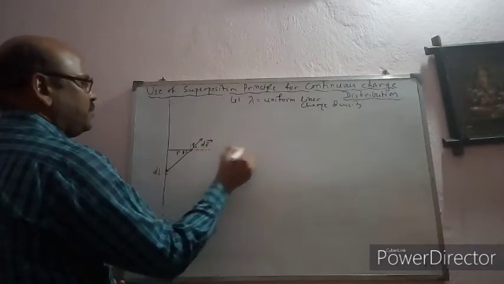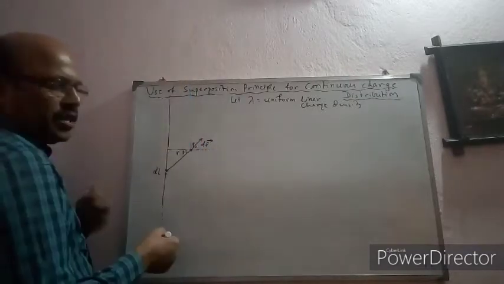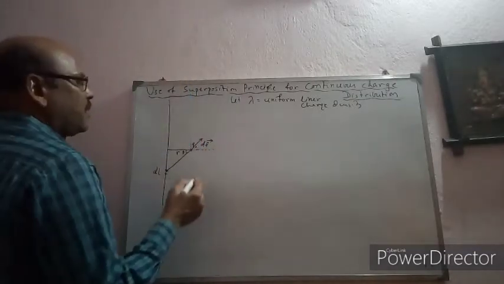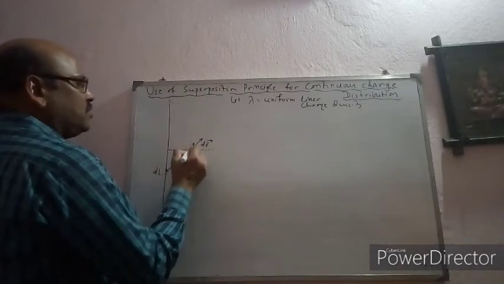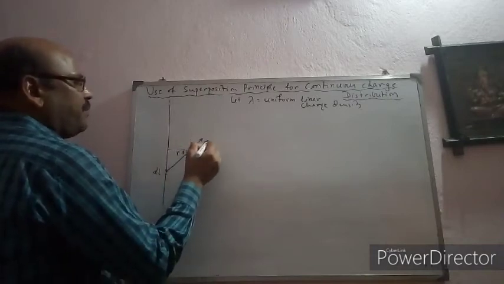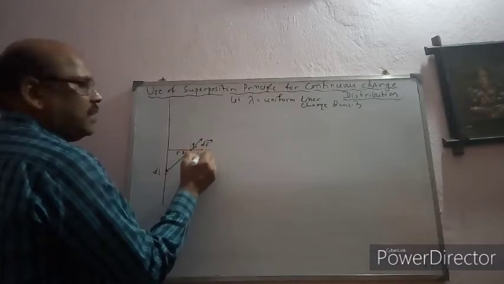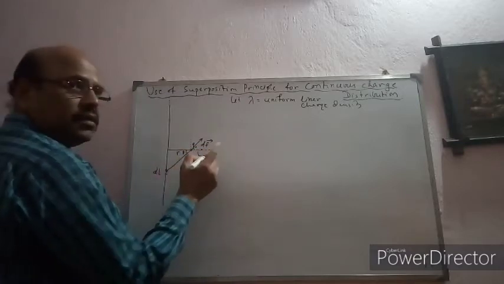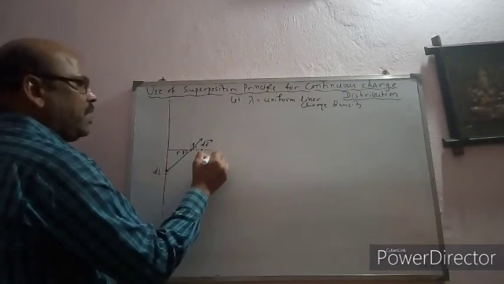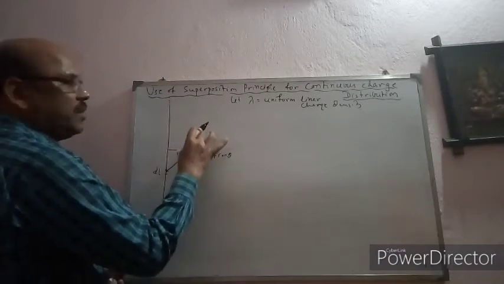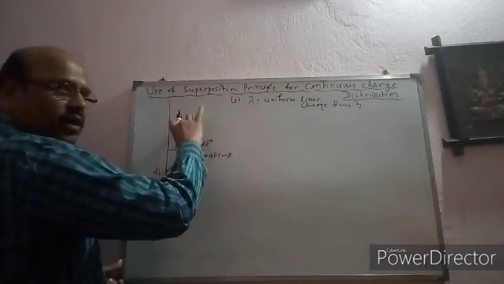So let this axis be the x-axis and the wire, the linear charge distribution, is along the y-axis. If this is theta, this is also theta, then the component of dF along the x-axis is obviously dF cos theta, resolving dF along the x-axis and y-axis.